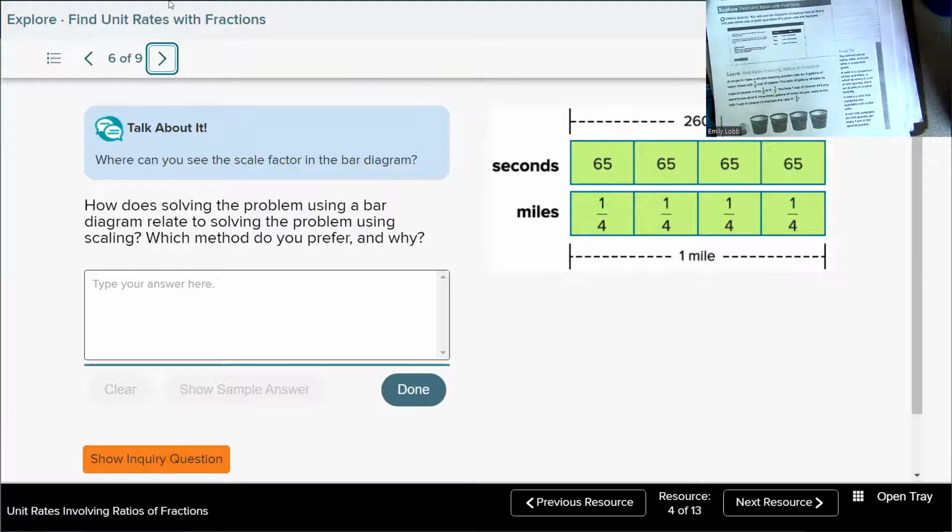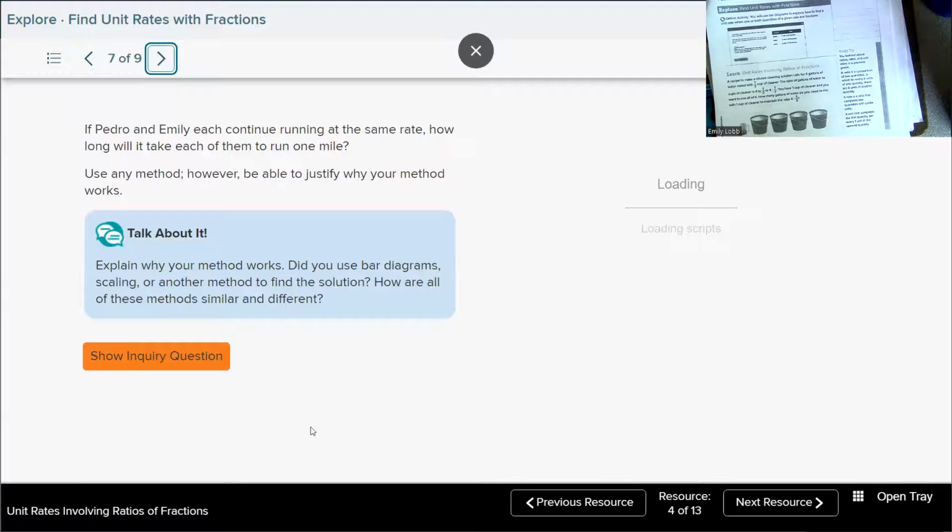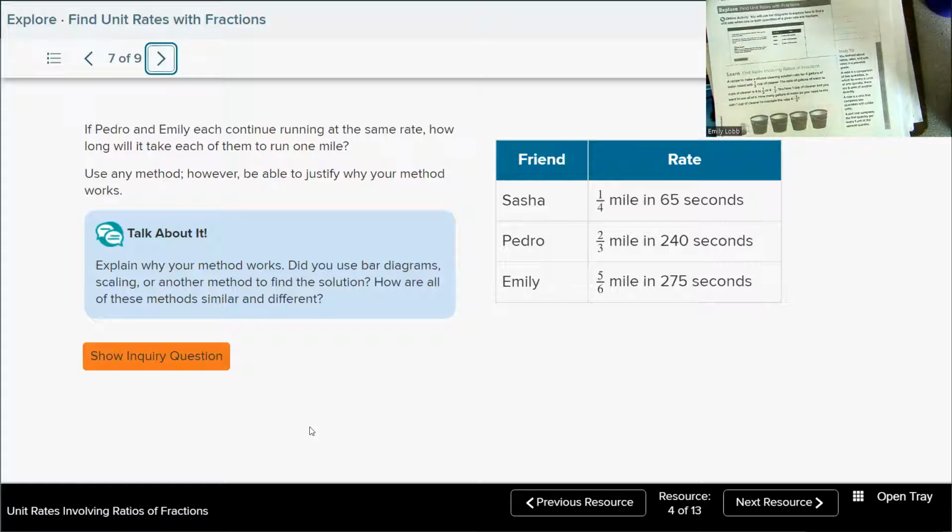Okay. And then it kind of says, if Pedro and Emily each continue running at the same rate, how long will it take each of them to run a mile? So we're going to use any method that works. So how many thirds in a mile? 3, right? So in 2/3 of a mile, he went 240 seconds. He did that in 240 seconds.